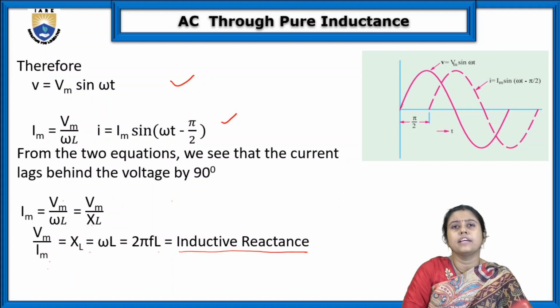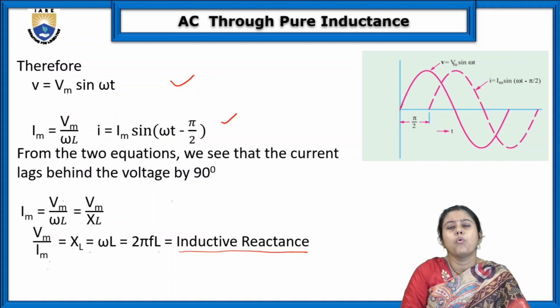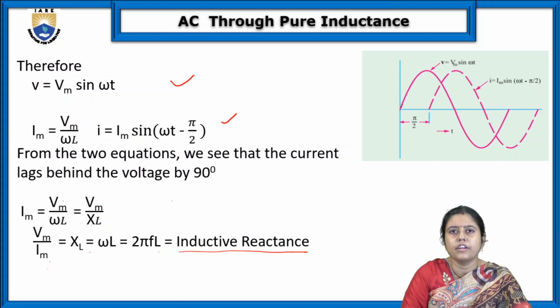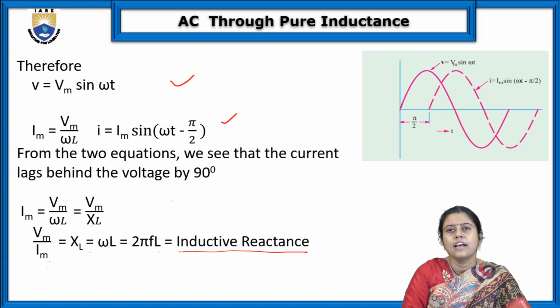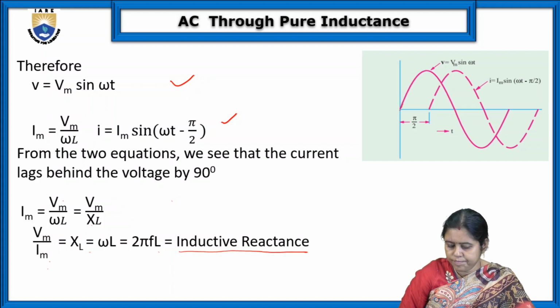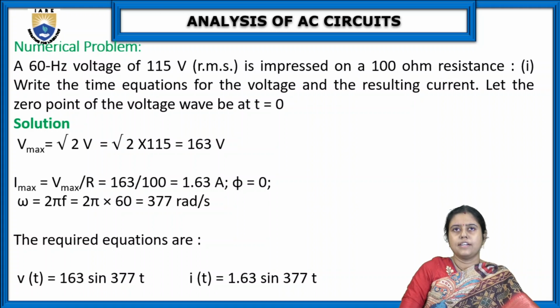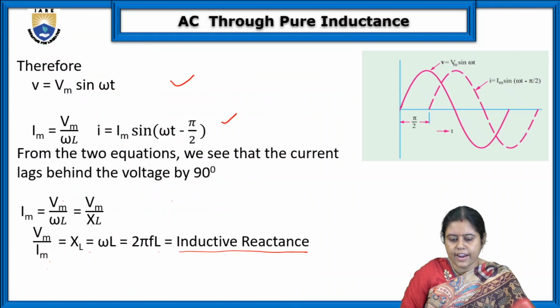And one more thing, the question will come: what is the behavior in the DC circuit? This is another important question about the inductance, and we'll discuss it later also in the steady state analysis.